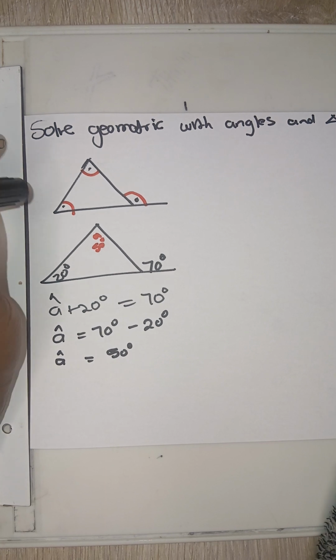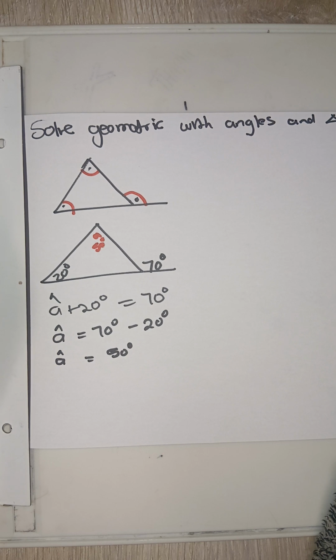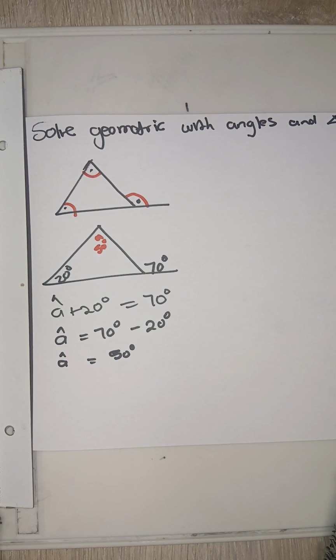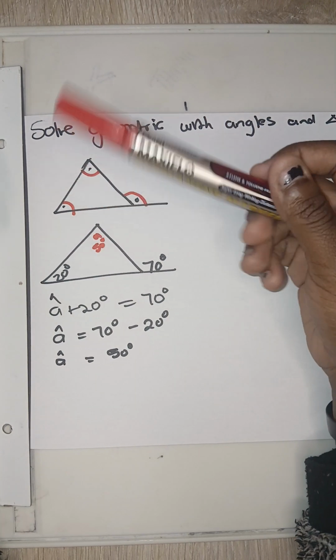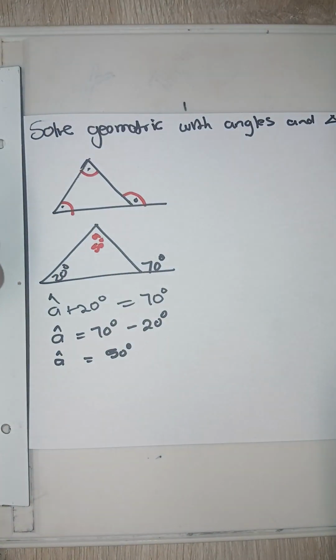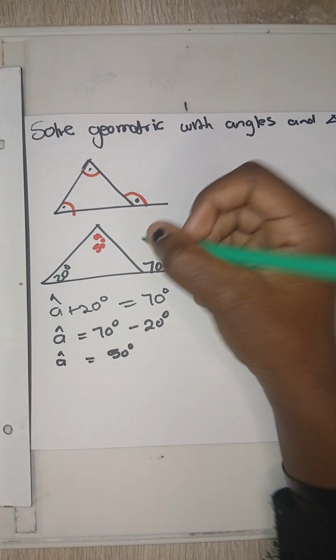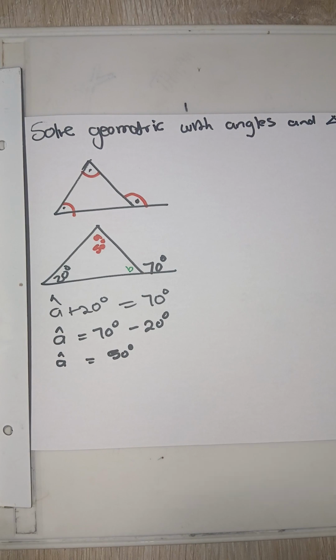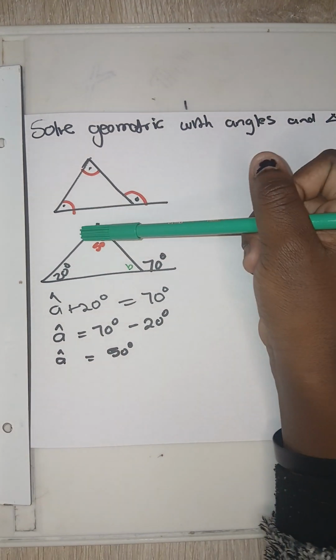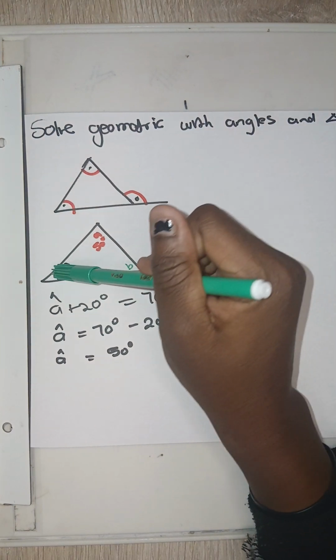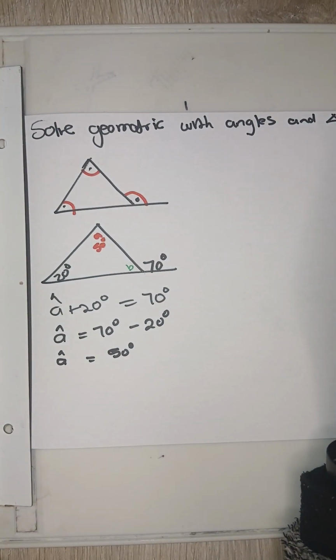Again, the sum of the interior angles of a triangle is equal to 180. Let's just say here it's B. This angle plus this angle plus this angle must add up to 180.